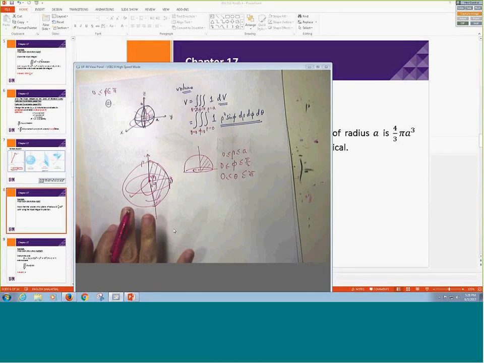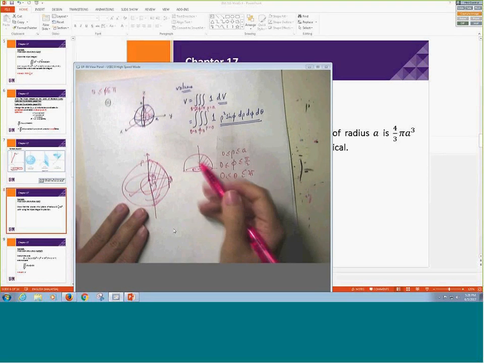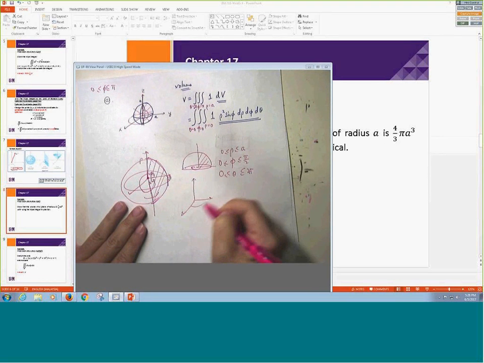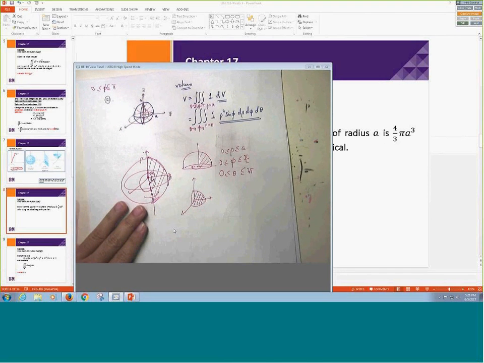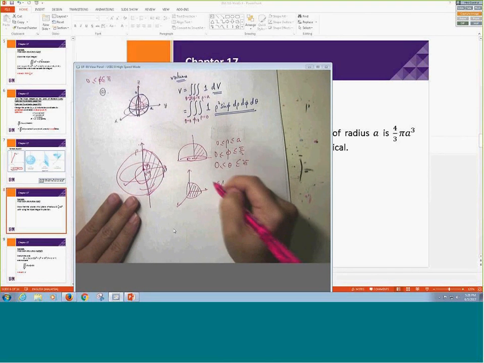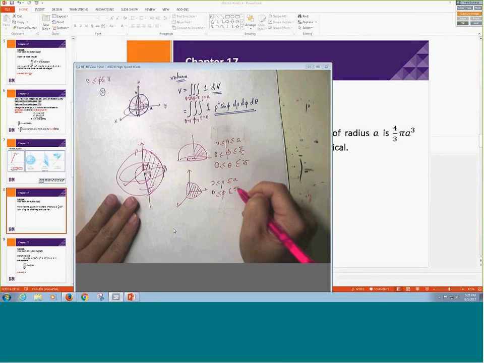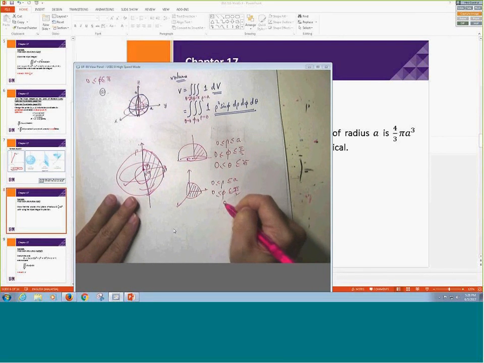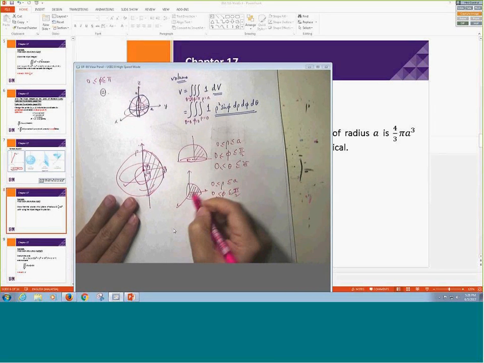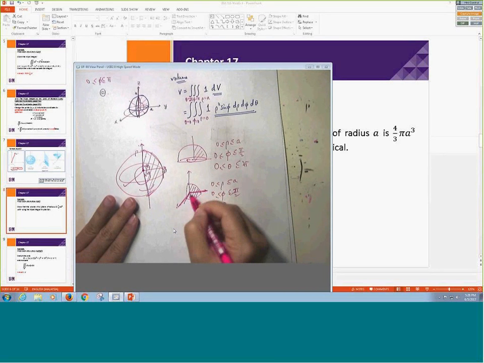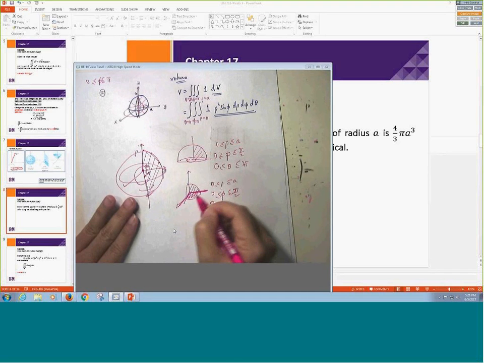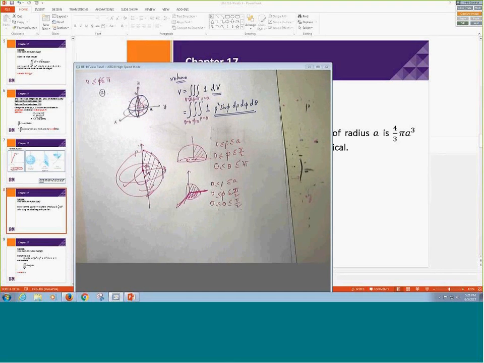If it is only the quarter, your rho is 0 to A, your phi is still 0 to pi over 2, but now your theta is only the first part, from 0 to pi over 2. So it depends on the solid.